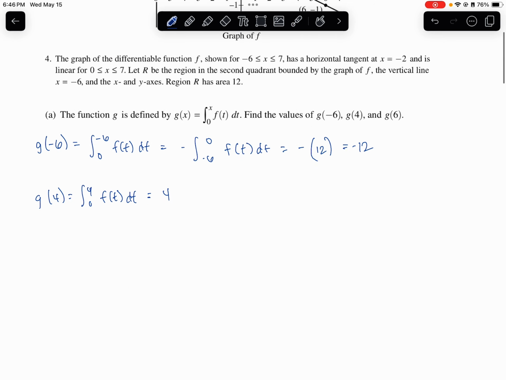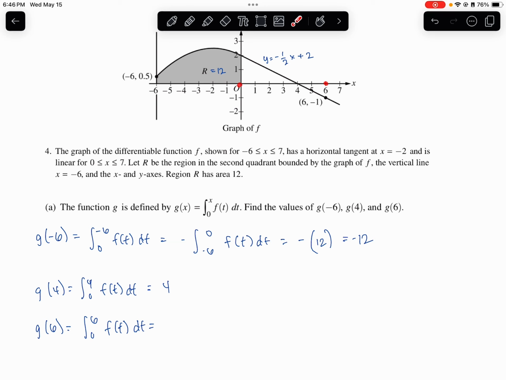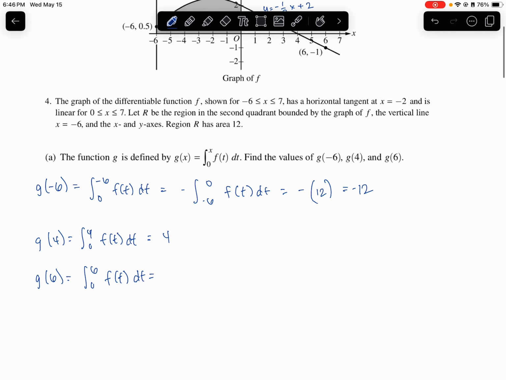Okay, and then we have g of 6, which would be the integral from 0 to 6 of f of t dt. So that's going to be the area under the curve from 0 to 6. Well, I know that this right here was 4, and so I can start with that.